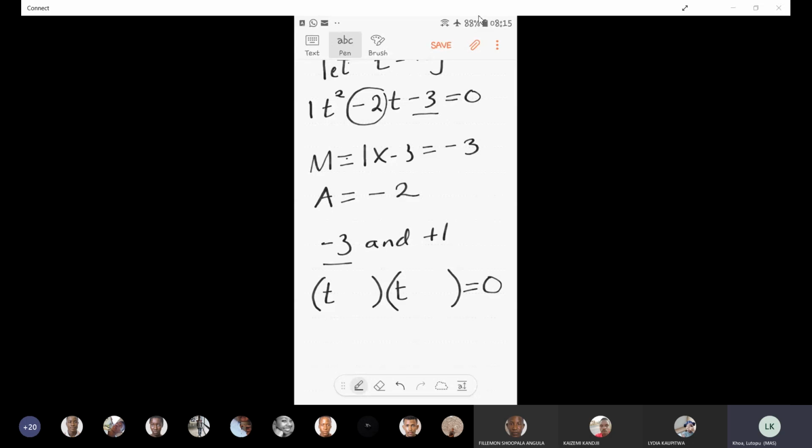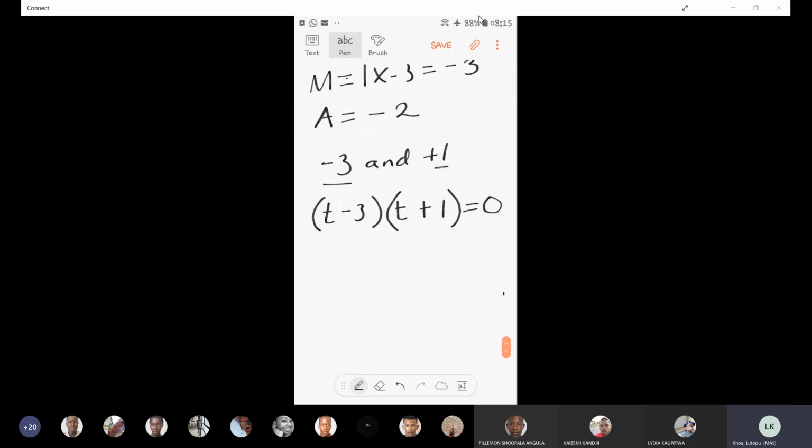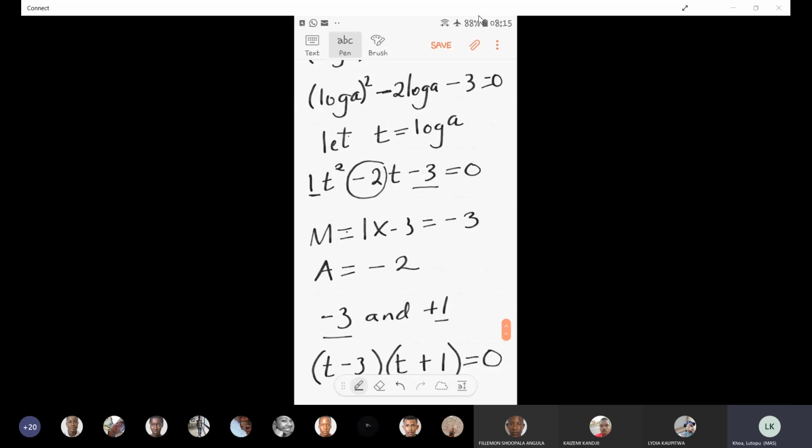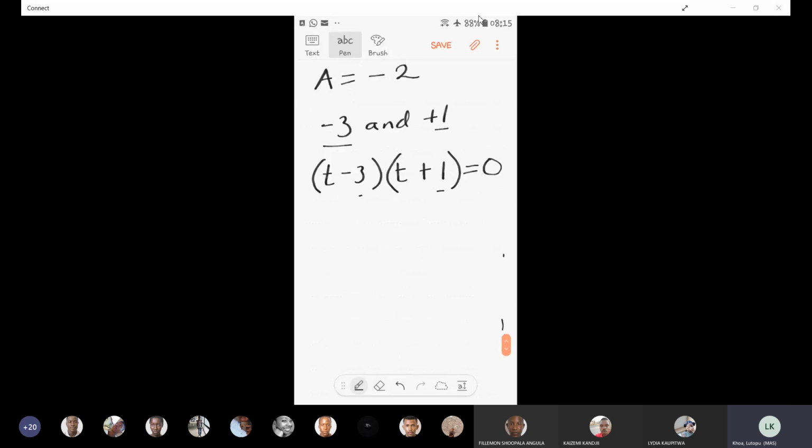Then these two numbers, I put them in the bracket. So I have -3 and then I have +1. And again, it doesn't matter in what order you put them, whether you put -1 there and then -3 over there. It will not change your value of a. Then we would normally divide by the coefficient of t squared, but in this case the coefficient of t squared is 1.